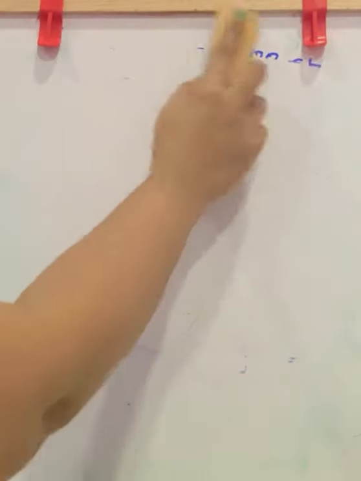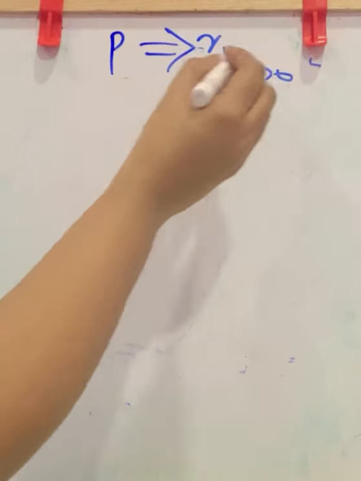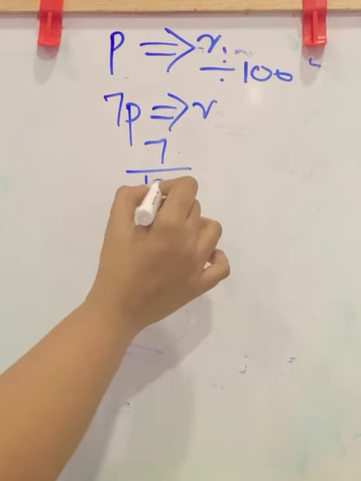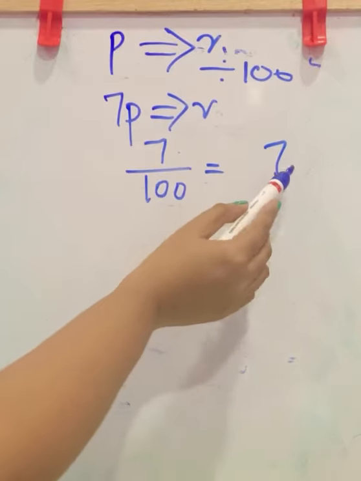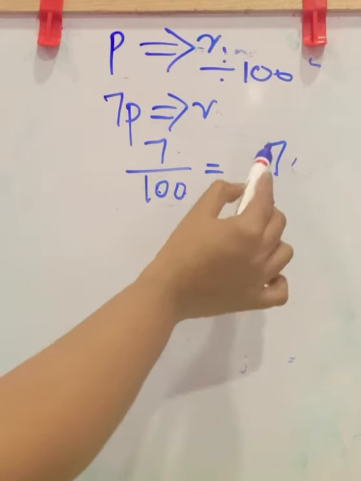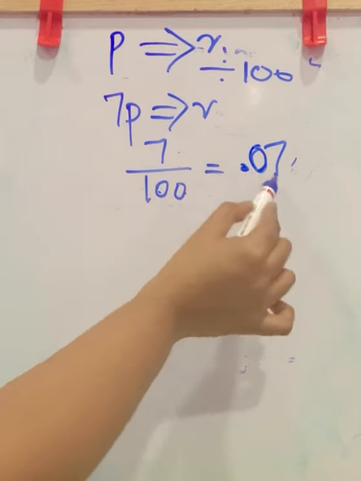Conversion of paise to rupees. To convert paise to rupees, you want to divide by 100. 7 paise to rupees means 7 by 100. So simply, the decimal will be here after 7, 2 places moving leftward. So 1, 2. Here there is no value, so put a 0. This becomes 0.07.